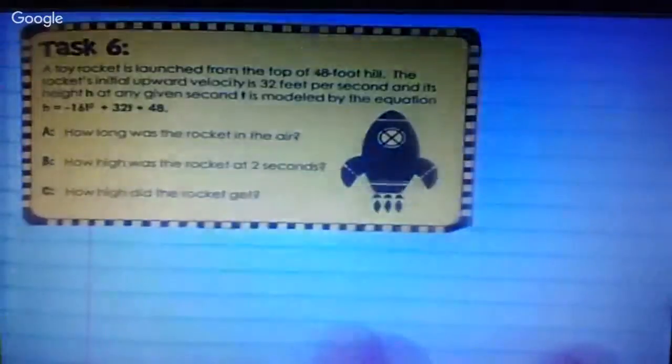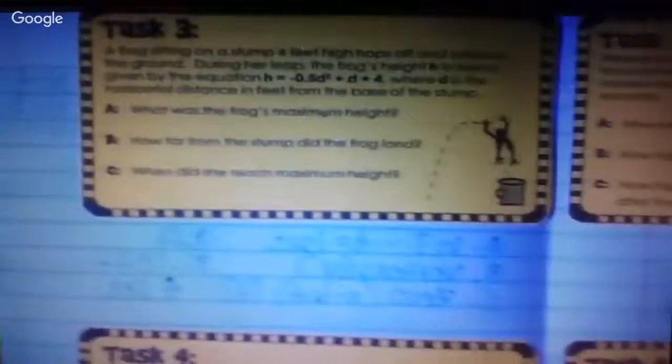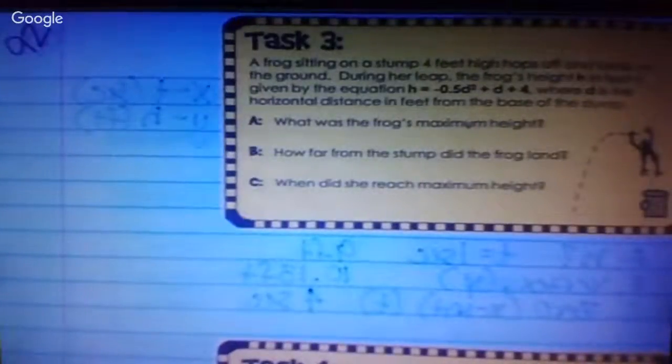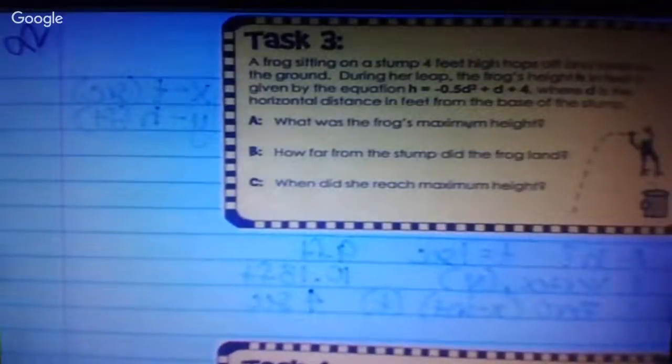All right, let's go to task 3. Take a look at what your Y represents in this one. Look at your equation. Take a look at what your X represents.